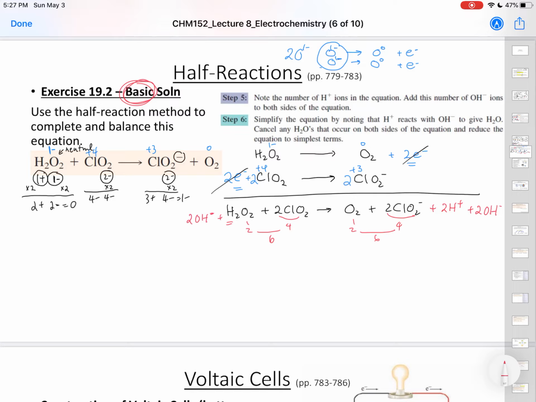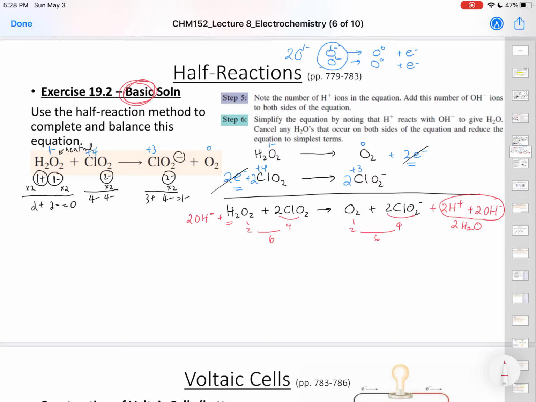And again, the reason for that is before we've written the OH minuses, the reaction is balanced in terms of the number of hydrogen, oxygen, and chlorine. So if we write 2 OH minuses, we've got to balance it by writing 2 OH minuses on the left side. And for every place where there is H plus and OH minus, we're going to replace with water.